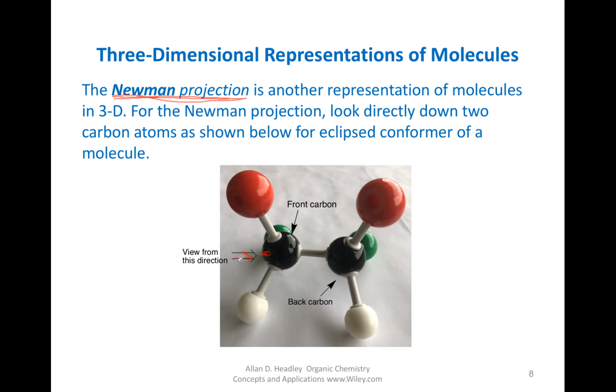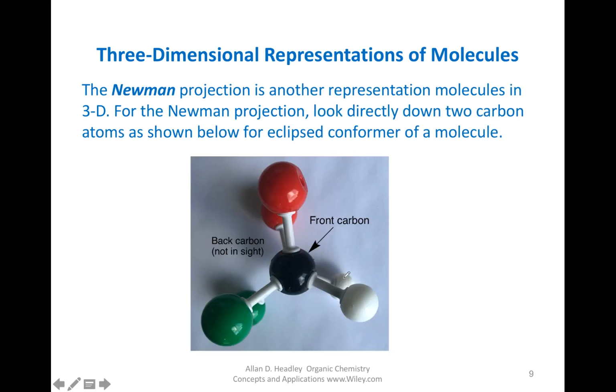So this is a sideways view, but now we're saying look down this carbon here and just describe what you see. So what you see is a carbon in front and a carbon in the back, which of course is blocked. And you'll see these groups bonded to that carbon in front, and you'll see these groups bonded to that carbon in the back. Of course, they're blocked by each other. So what you should see is what's on the next slide, and here it is.